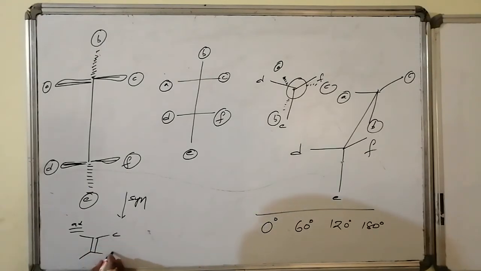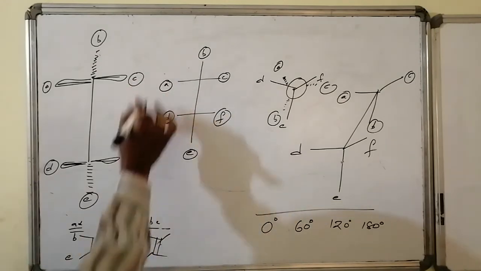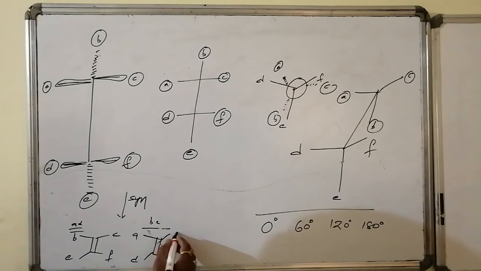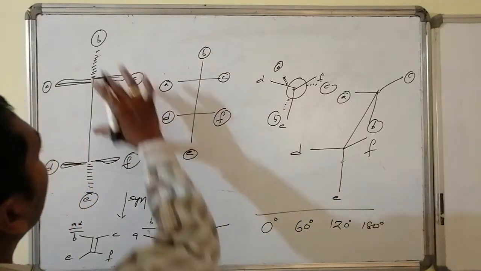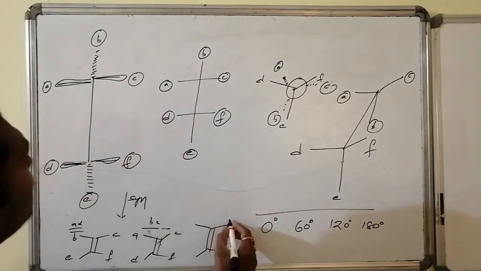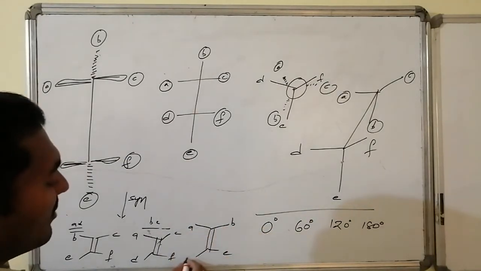That is, one is C and one is F, and remaining is B and E. Suppose B and E are eliminated syn wise, then the corresponding stereochemistry of the compound is this: A and D, because these two are with the minimum dihedral angle separation. This will be A and E, C and F. Whereas if C and F are eliminated syn wise, then these two have dihedral angle separation 0, hence one becomes B, one becomes E, and one becomes A, becomes B.